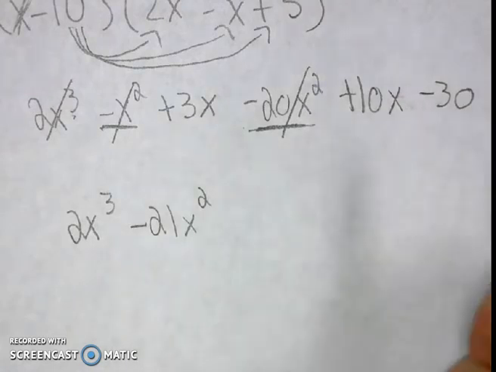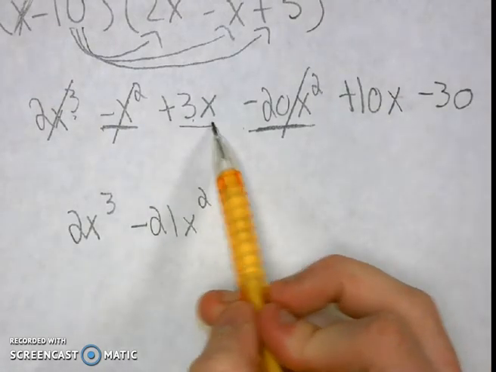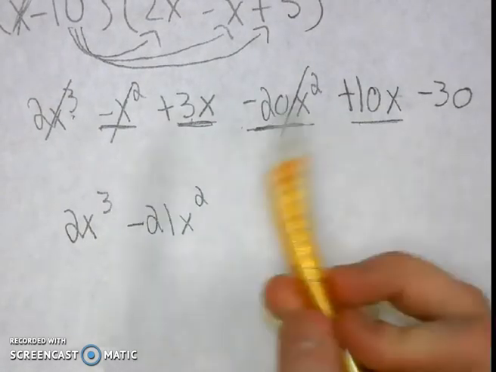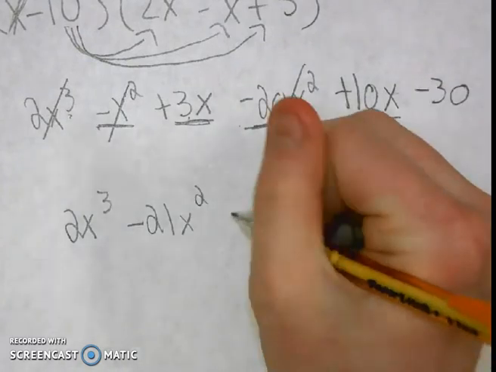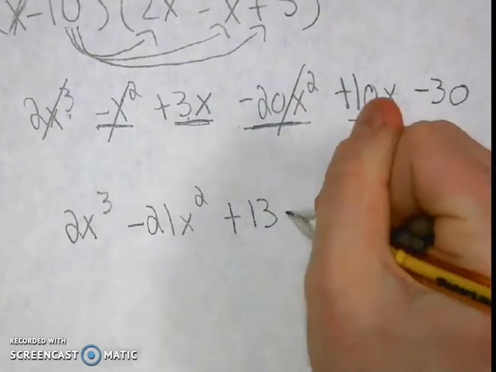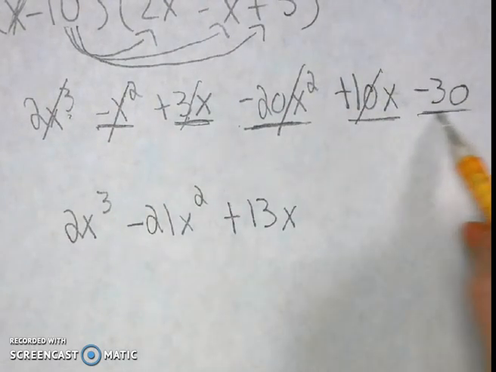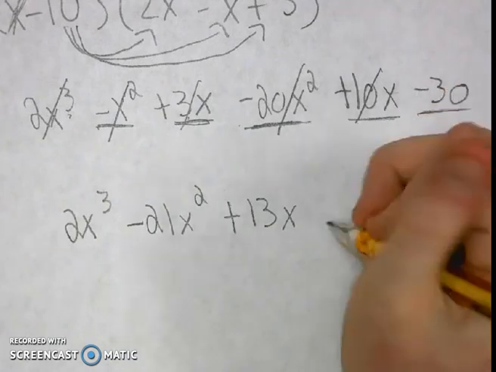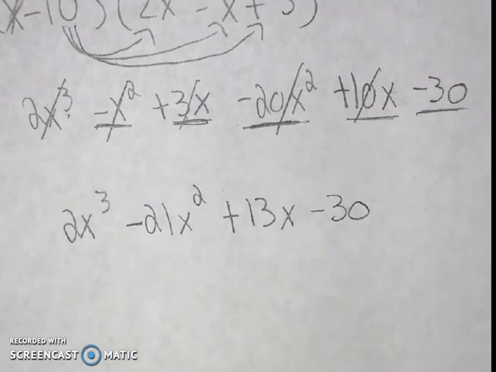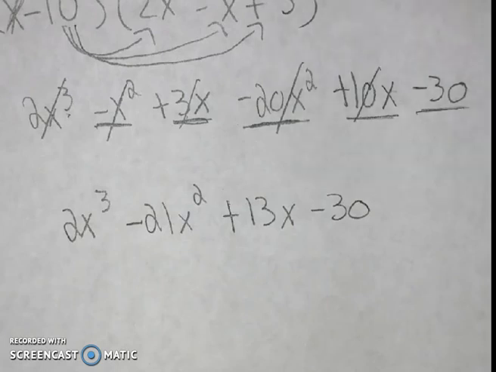Then 3x and 10x are alike, so you will add them, and it'll be positive 13x, and there's no other variable with the 30, so it'll just be negative 30. There you go. Awesome. So go back and try the same one using whichever method you like better.